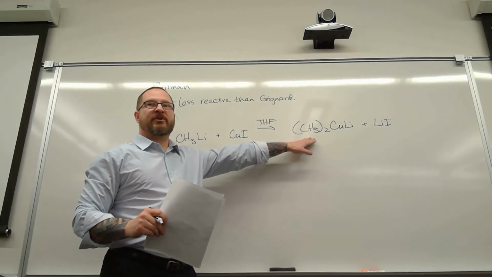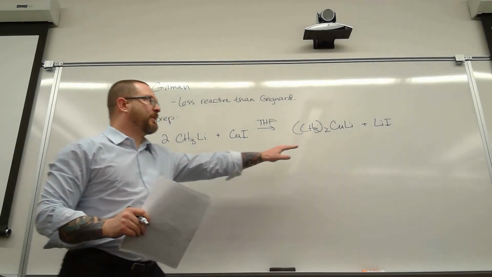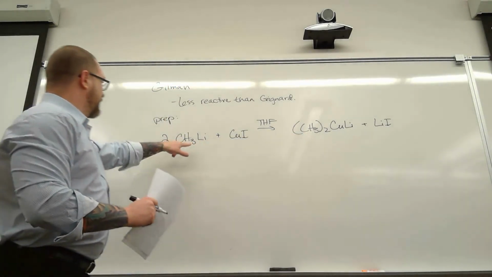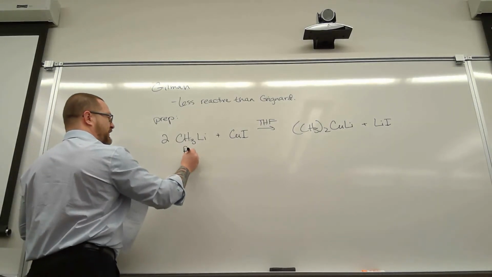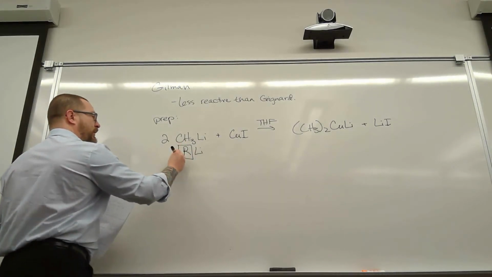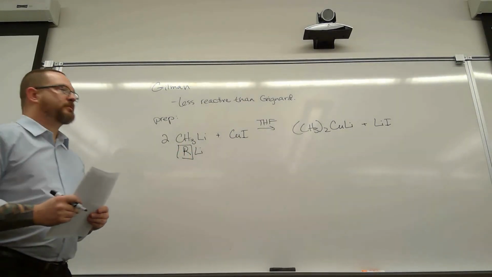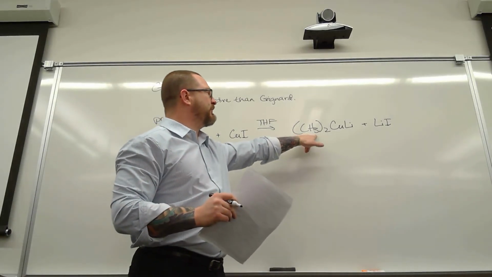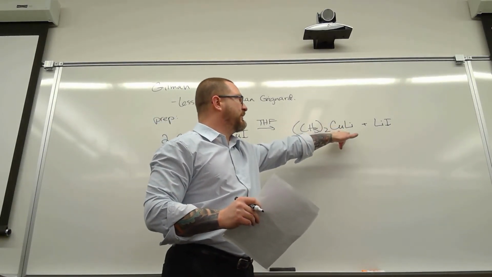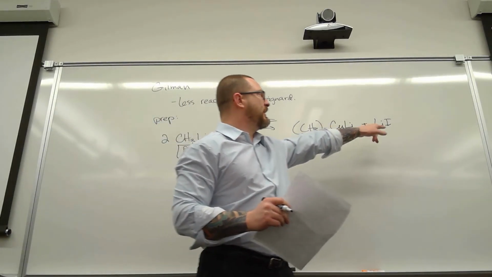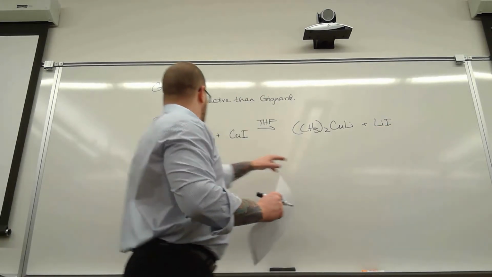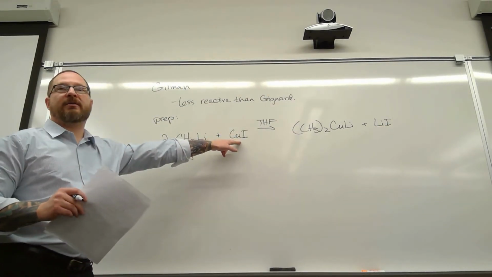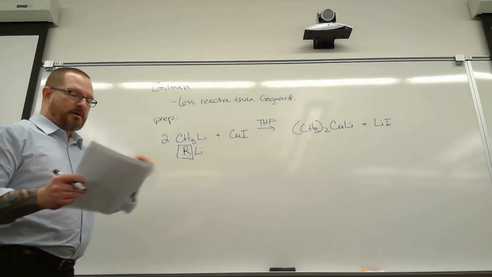This is the Gilman reagent, where you have a pair of these alkyl groups. Whatever this R group was, and here it's just a methyl group, a pair of them are coupled to a single copper lithium complex, and then the second lithium complexes with the iodide, which was bound to the copper.